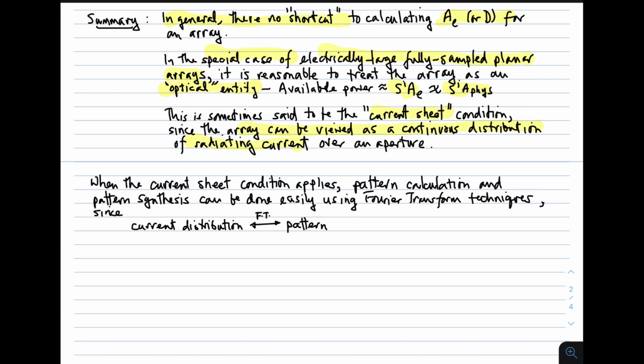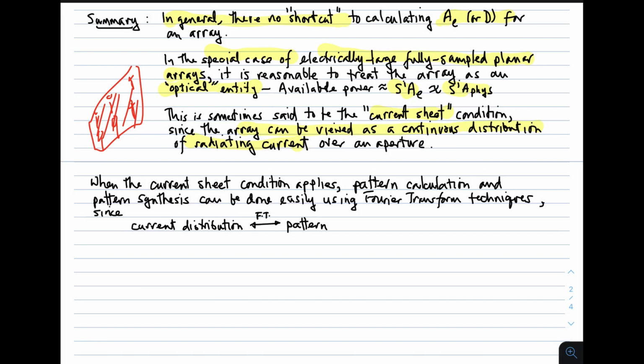So when this condition applies, even though the array is discrete elements in space, what we could really do is just view that as a continuous distribution of current. And whether we're sampling it in a discrete manner or just viewing it as a continuous distribution makes little difference in the actual patterns or effective apertures which result.